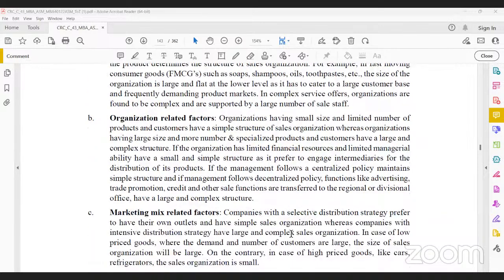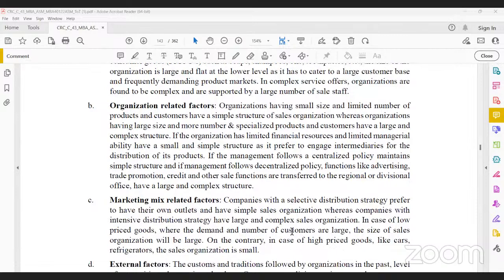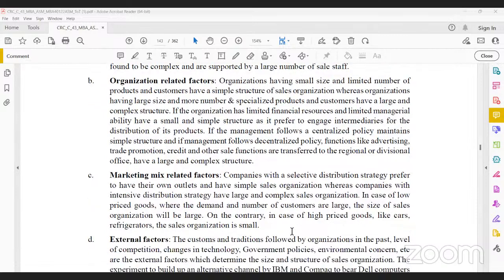Then the third factor is marketing mix related factors. We already talked about the 4 P's and 7 P's. The marketing mix factors are related to product, price, place, promotion, and we're adding three more, including people.